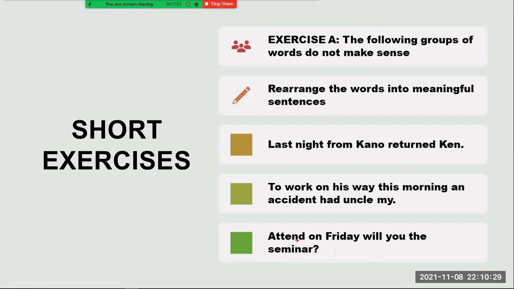Attend on Friday, will you, the seminar. Of course, you can see that this is a question, and as a question, it has a different structure. Now, when you ask a question, in most cases, the verb comes before the subject.